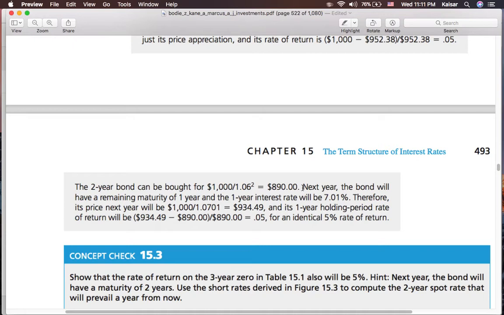Next year the bond will have a remaining maturity of 1 year, and the 1-year interest rate will be 7.01%.